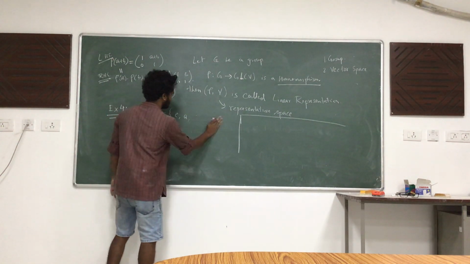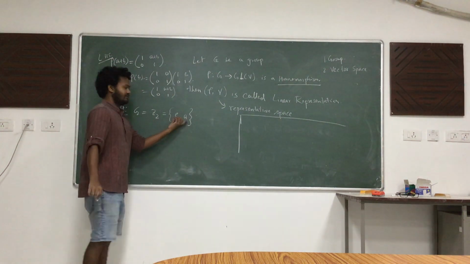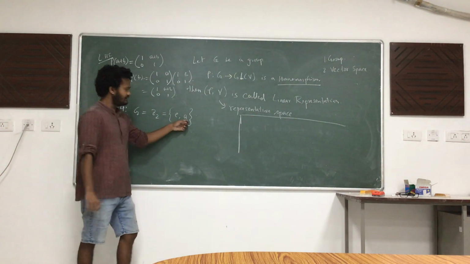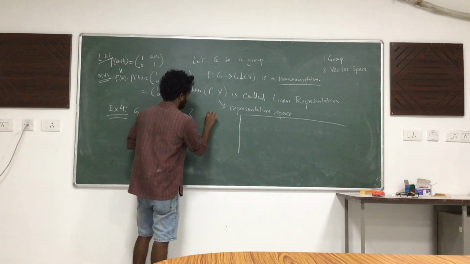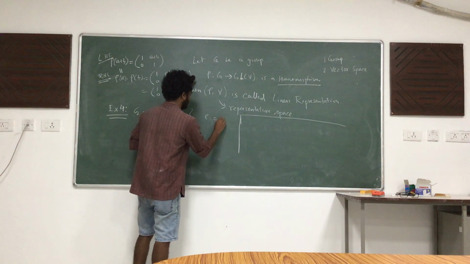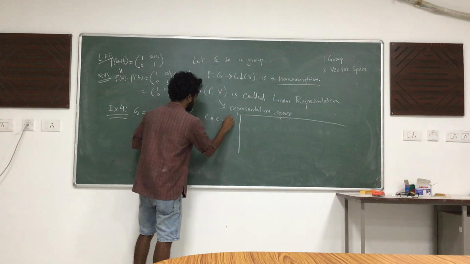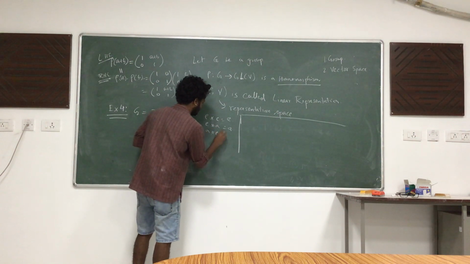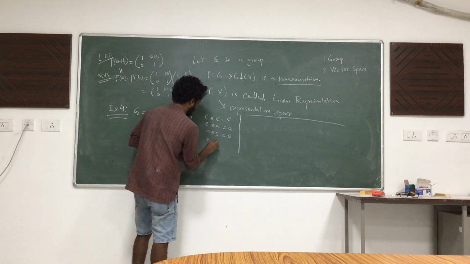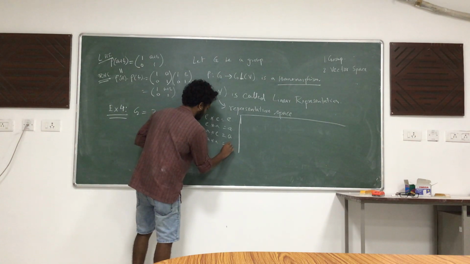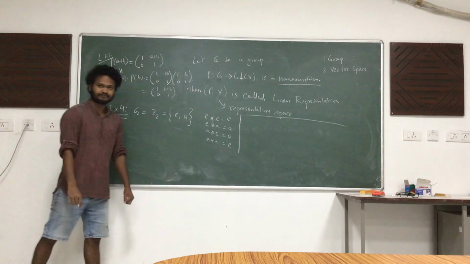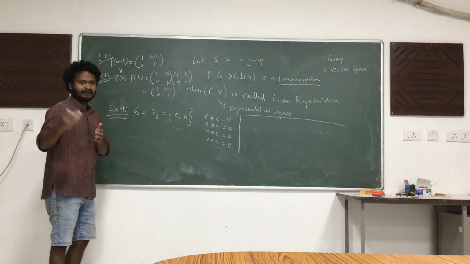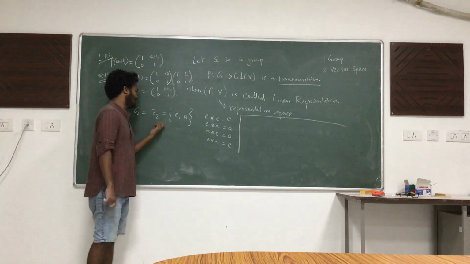So in this particular case, Z2 is nothing but a group of two elements, e and a, and the multiplication is: e is identity, basically e times e is e, e times a is a times e is a, and a times a is e.